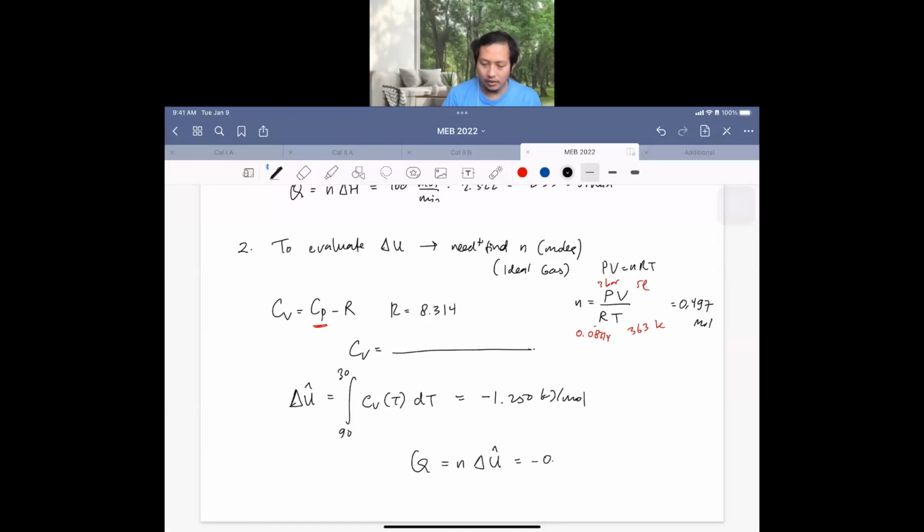This will be negative 0.621 kilojoule. The negative sign means that the heat is going to be released. Okay, so we have the cooling situation from 90 to 30 degrees Celsius.